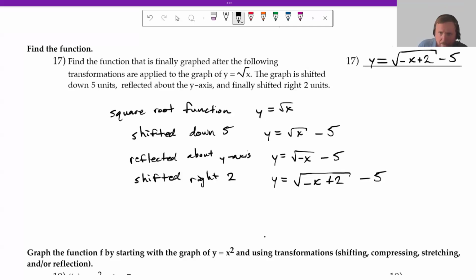So what happened? Because I have the -x there, the way that you can think of that is from the previous step where we did the reflection. You can think of that x as kind of being in parentheses.